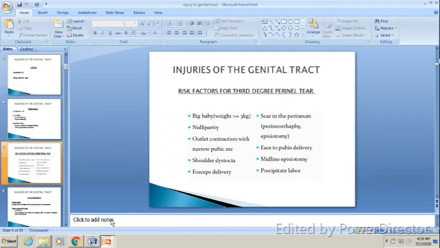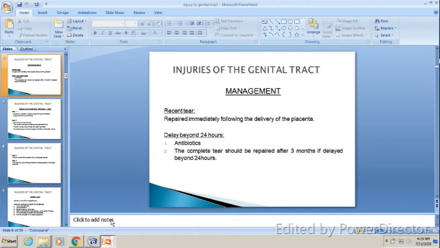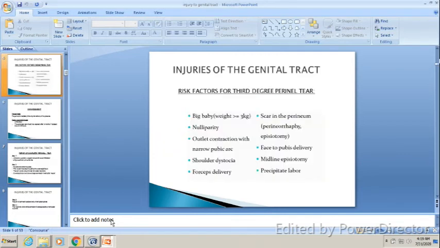The healing will happen, but it's a 2nd degree healing. A thick fibrosis of the perineum will happen, and if the patient delivers again, the scar will get ruptured and extend to 3rd and 4th degree. Face to pubis delivery, midline episiotomy, and precipitate labor. Midline episiotomy can extend to 3rd and 4th degree, as I told you, it's one of the complications of midline.